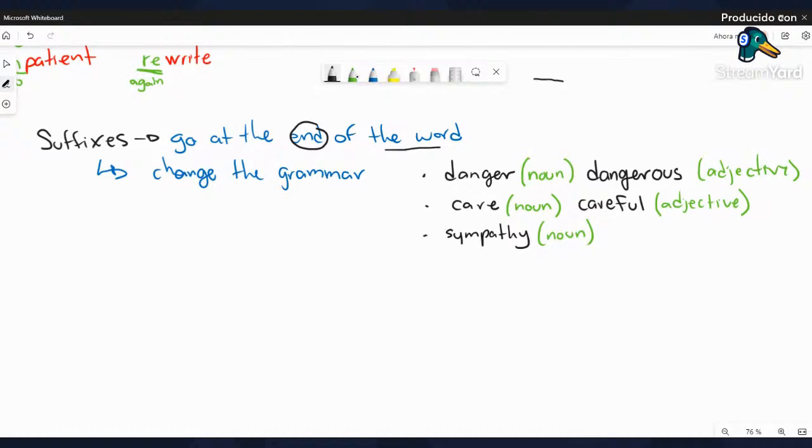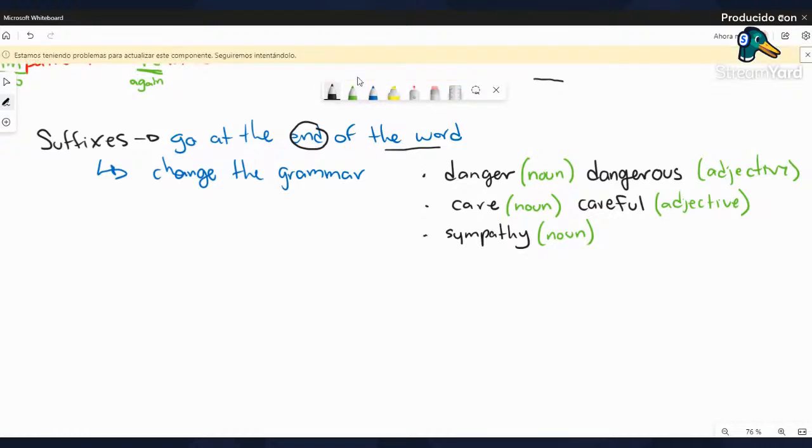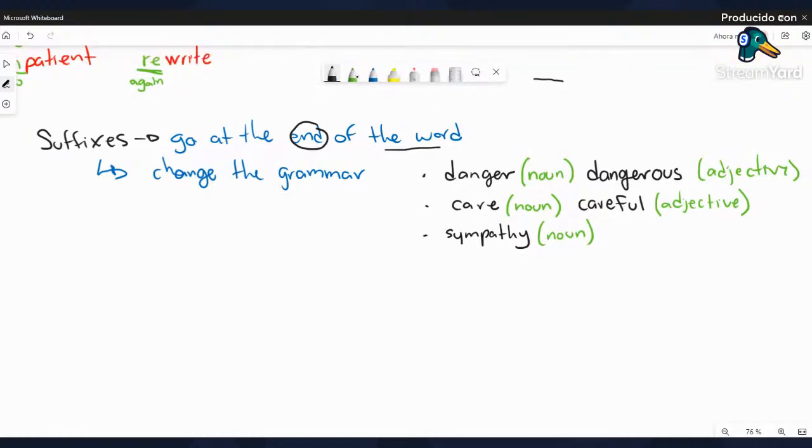And sympathy, how can I change sympathy? Remember that an adjective describes a person, an animal or an object. That's the function of adjectives. So I can say, oh, I'm sorry, I made a mistake here. Let me erase it. You guys can always participate in the chat.